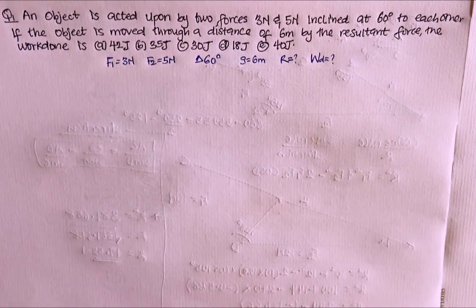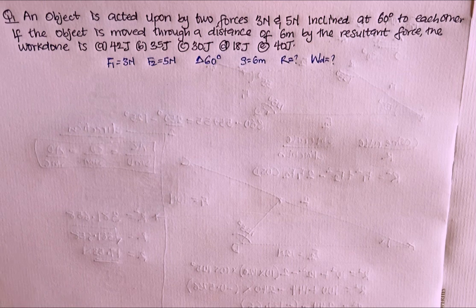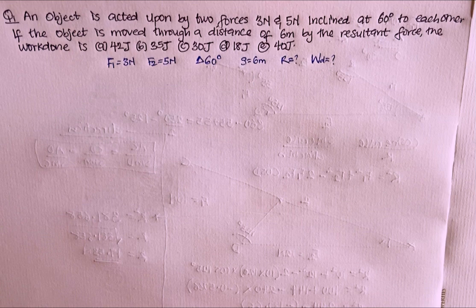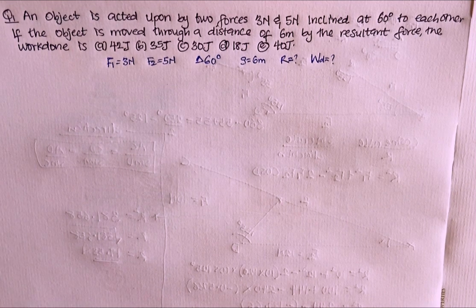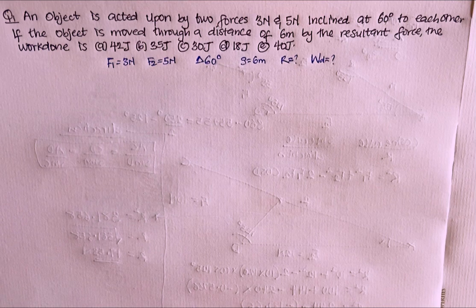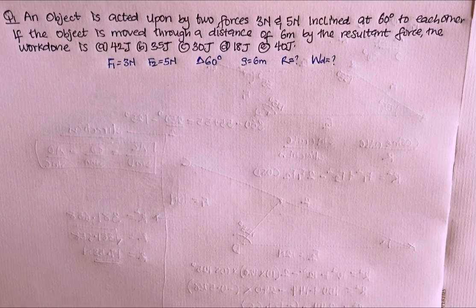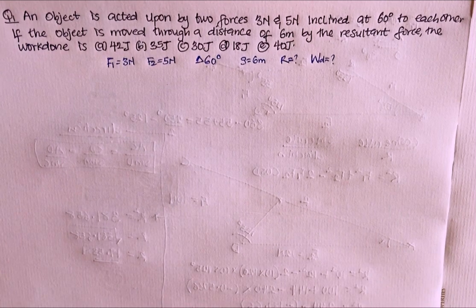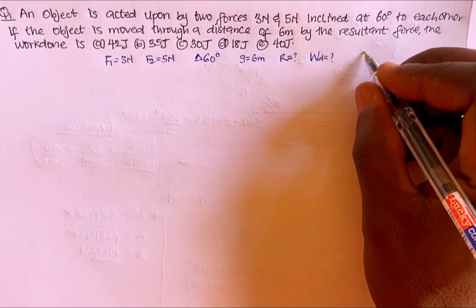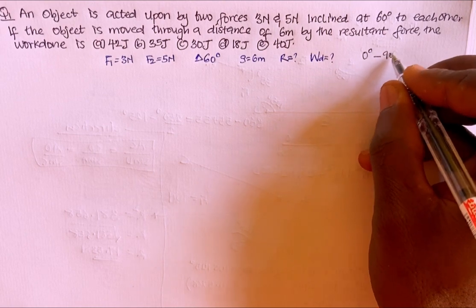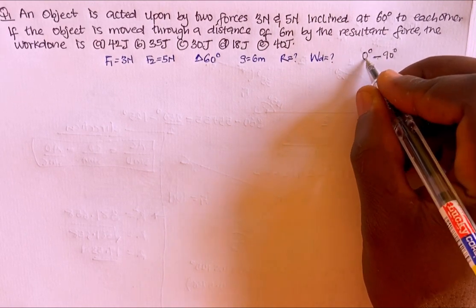So the first case is that since we are having two vectors, which are our force F1 and force F2, both acting at angle 60 degrees to each other, the first thing we need to do is note that if we have two vectors acting at an angle to each other, the angle can either be acute or obtuse. Acute angles act between 0 degree and 90 degree.